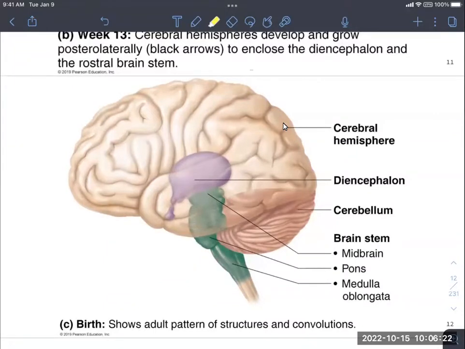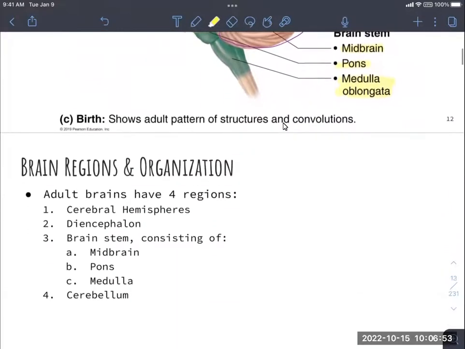It still has all the same adult patterns and structures. You still see that diencephalon, that cerebellum at the bottom. We have that midbrain in there, the pons, the medulla oblongata. They all make up our brain, and every part of our brain has specific functions.